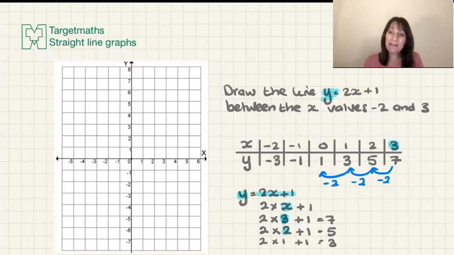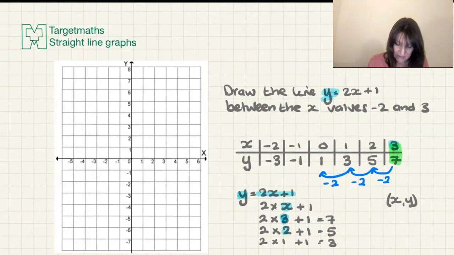So now I've completed all the values in the table, I can plot them as coordinates. Remember, a coordinate is along the corridor, along the x-axis, and up and down the stairs. So I've got x and y. So here, I'm going to change my color and hope it doesn't get too colorful. Here, I've got x is 3, y is 7.